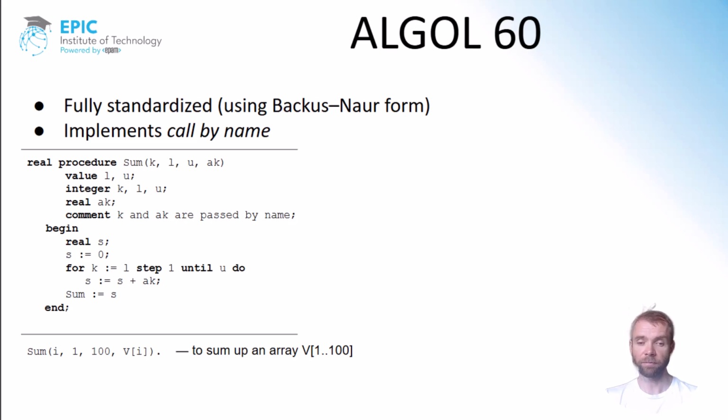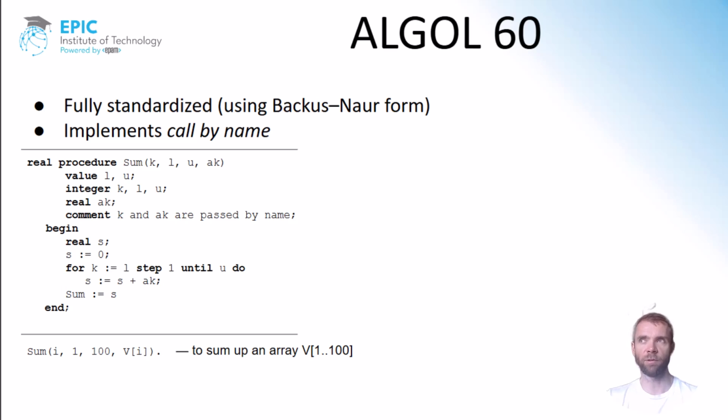And so this will result in a for loop like for I equal from 1 to 100, s equals s plus v sub I. So we'll actually be able to access individual elements of an array inside this procedure one by one and sum them up. And this is a pretty tricky thing.